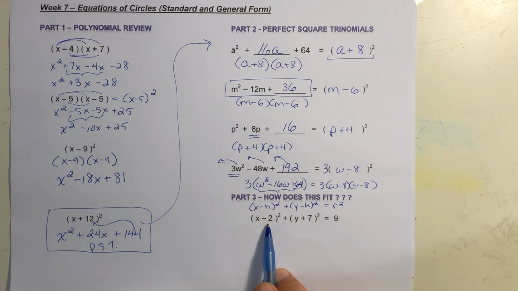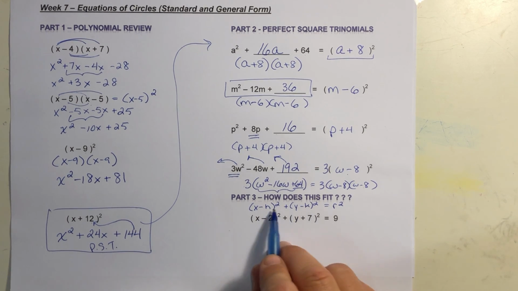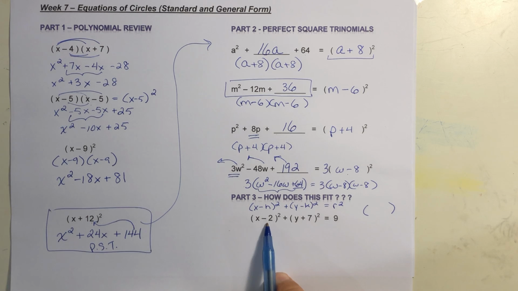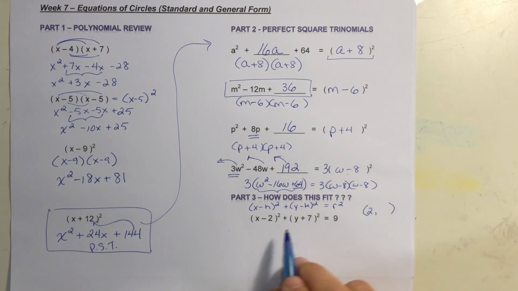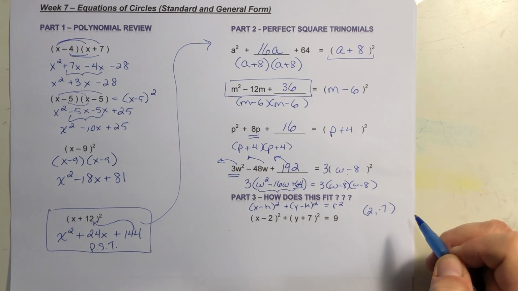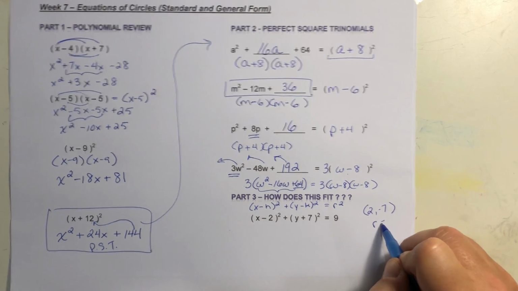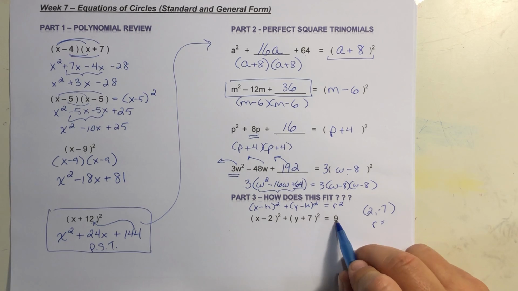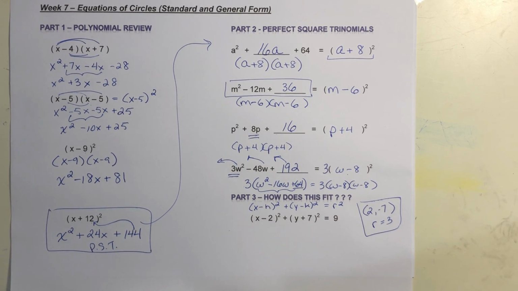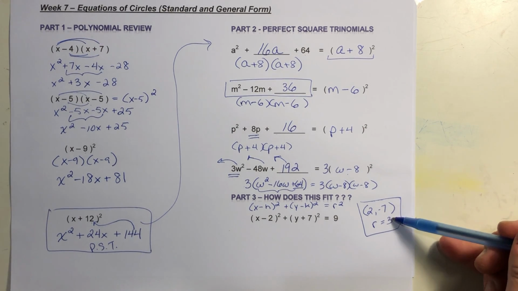Now remember, h and k are the center of your circle, right? So I'm going to do a quick little review of that. So my center would be at positive 2. Remember, we take the opposite sign. And negative 7. That would be my center. The radius, remember, 9 is the radius squared, so we'd take our square root. So if I wanted to graph this, that would be my important information, center and radius.